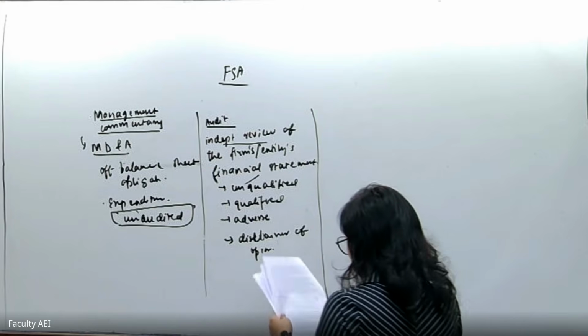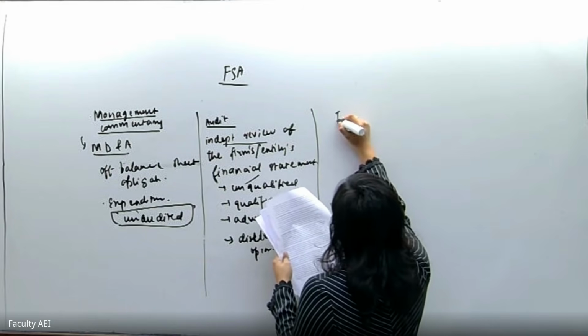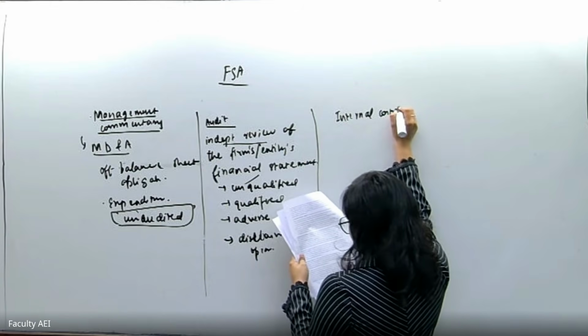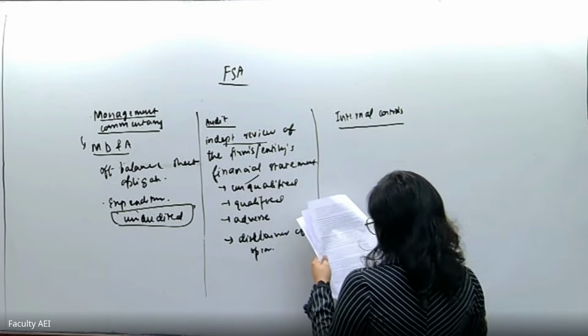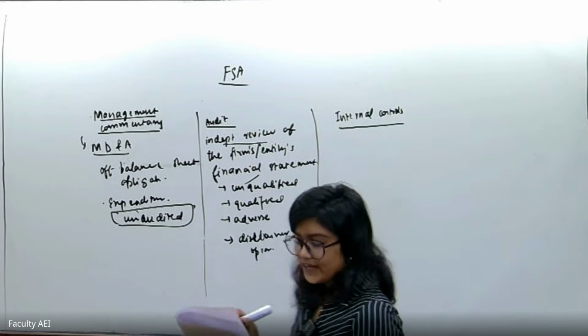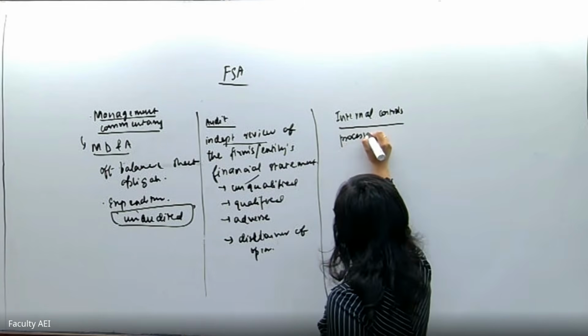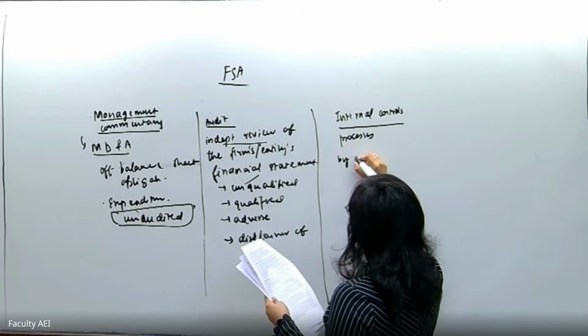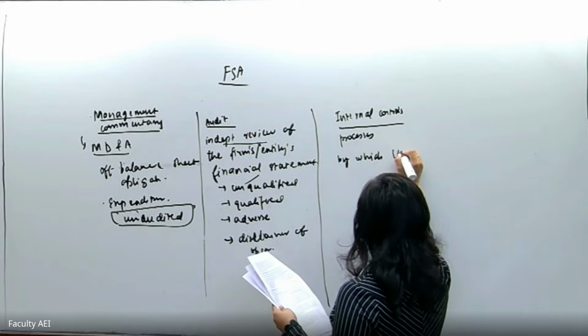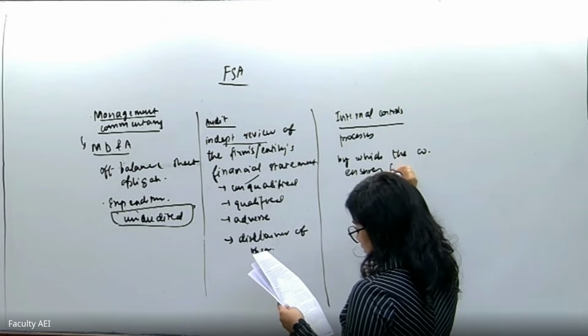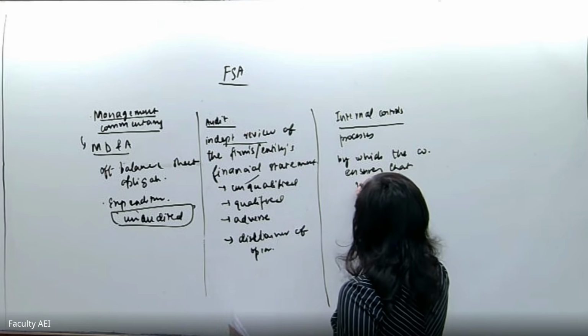Then comes internal controls. So internal controls are the processes by which the company ensures that it presents accurate financial statements.